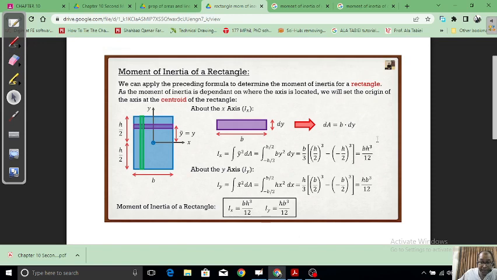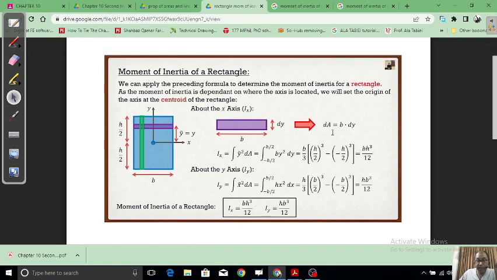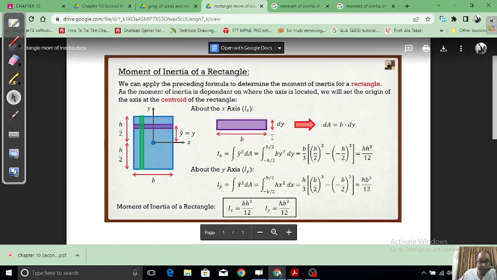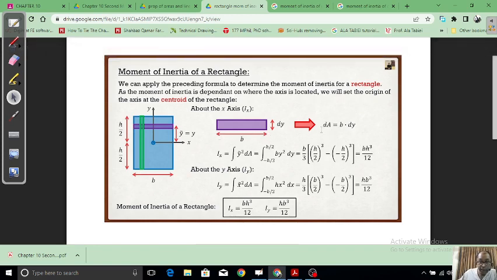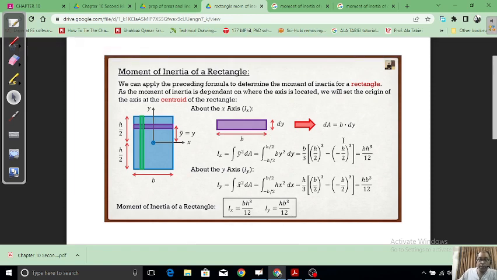Remember, b h cube over 12, which means the rectangle base is b and the height is h. This is the derivation, and you can do it; it's very simple. The area is given as b dy, length into width, so Ix comes out to be b h cube over 12.